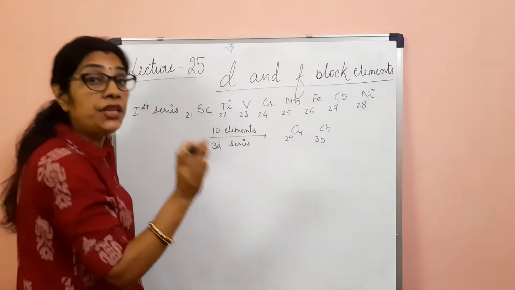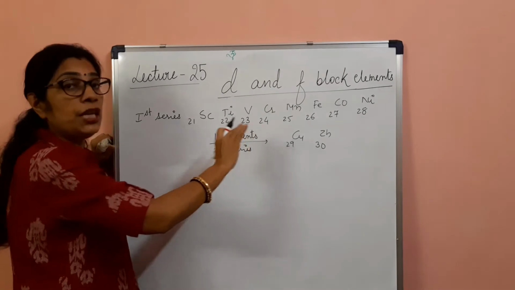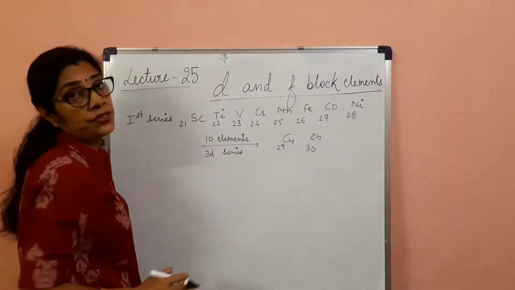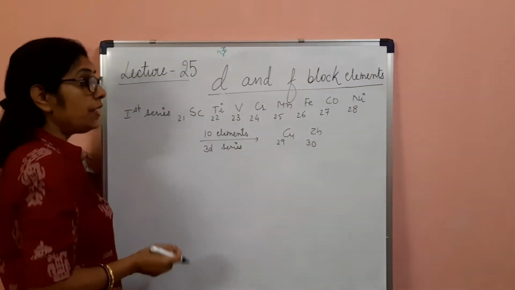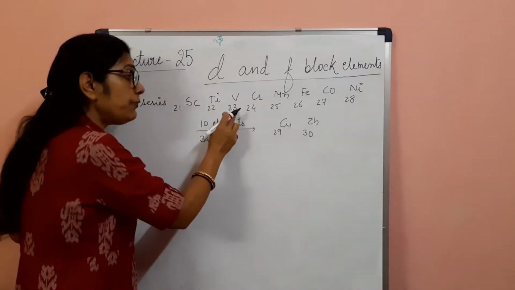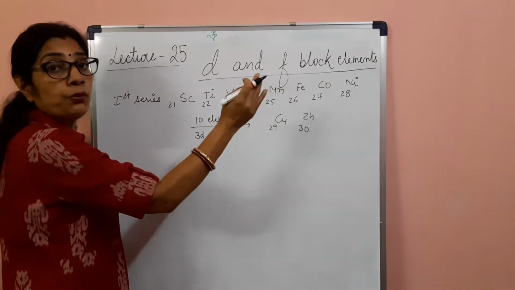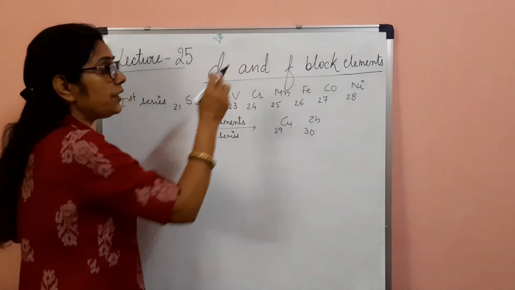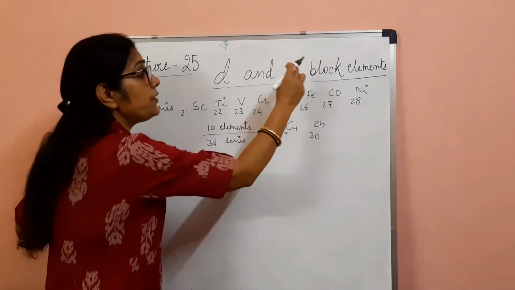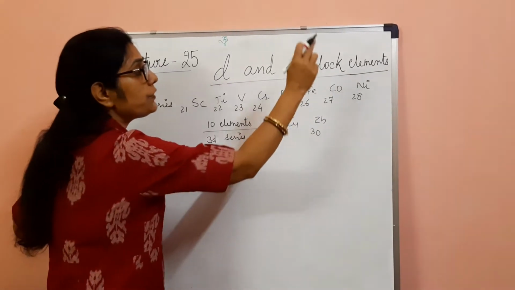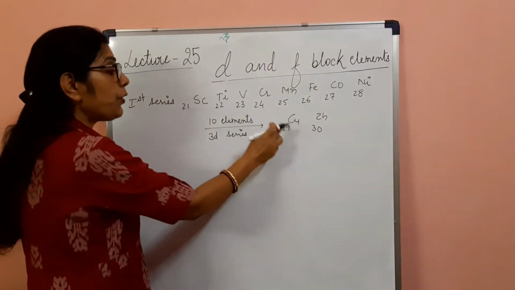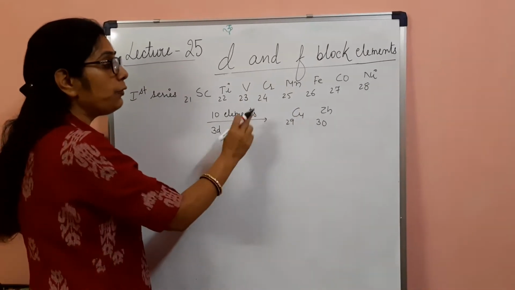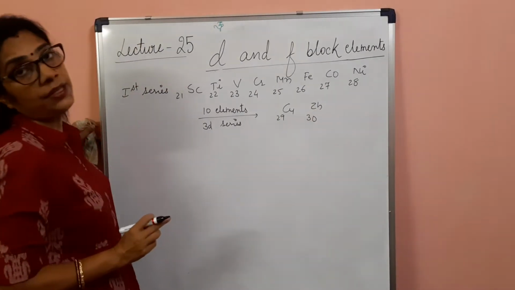Why is it called 3D series? Because successively, progressively, one electron is being added at each step. So scandium is 3d1, titanium 3d2, vanadium 3d3, chromium because of Hund's rule half-filled stability becomes 3d5 4s1, manganese 3d5 4s2, iron 3d6 4s2, 3d7 4s2, 3d8 4s2, copper 3d10 4s1, once again an exception, stable, half-filled and fully filled concept, zinc 3d10 4s2.